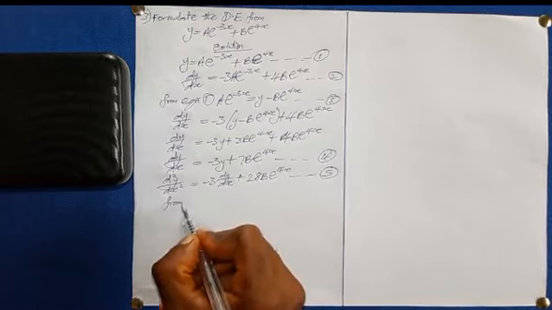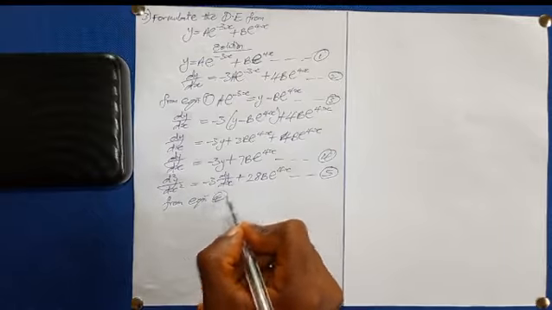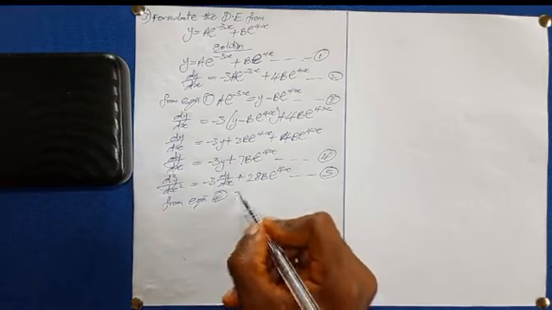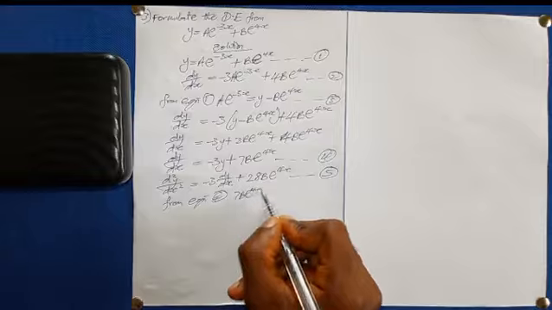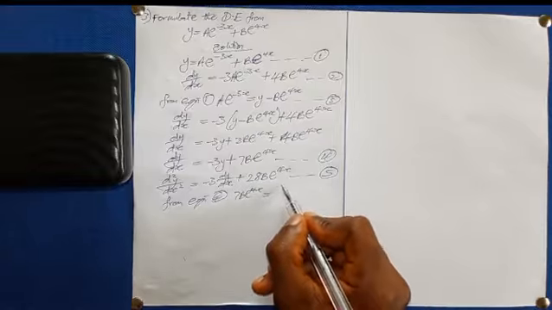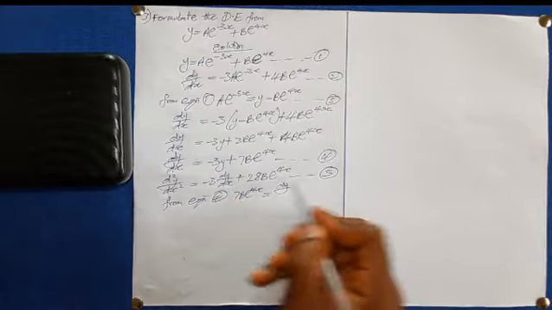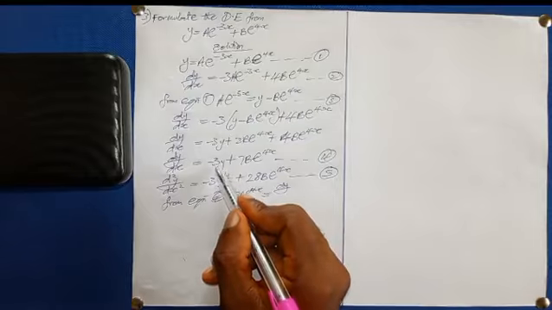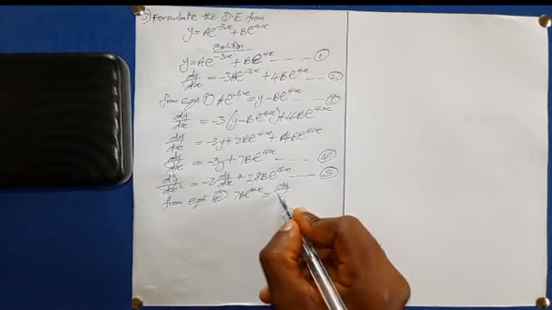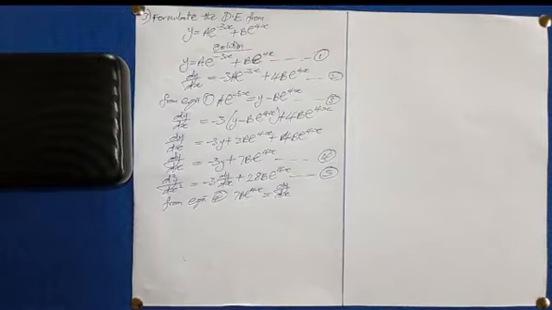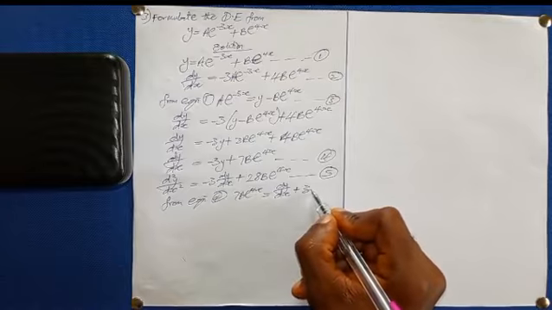From equation 4, you have 7b exponential 4x is equal to, the sign in front of it will change because it crosses the equality sign, minus dy over dx plus 3y.